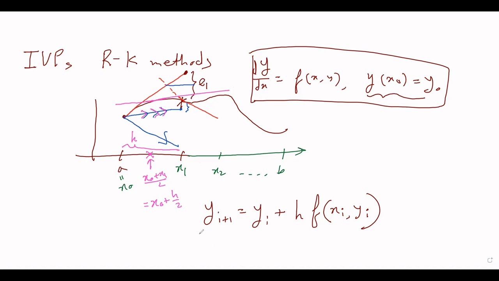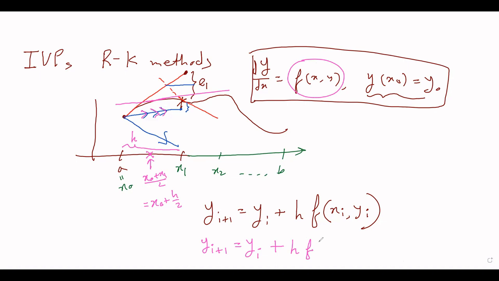So, for this new modification, the equation should look like this if you think logically. That is y i plus h times f of, the function f is the value of the slope at any random point x, y, right?